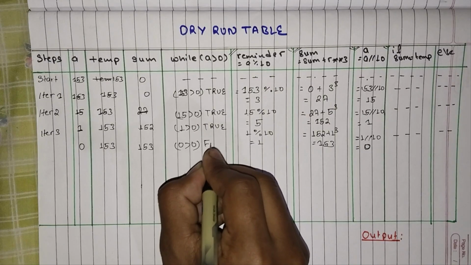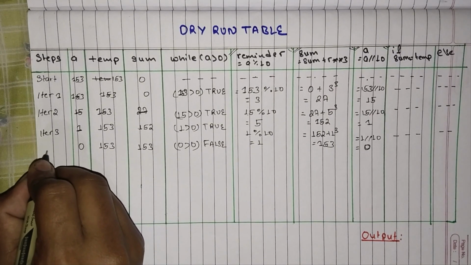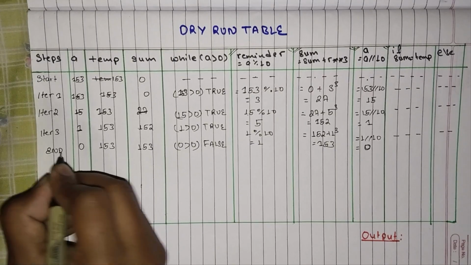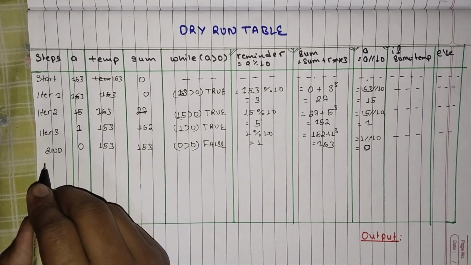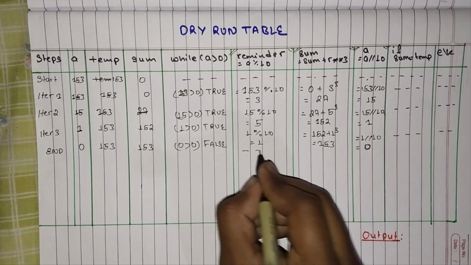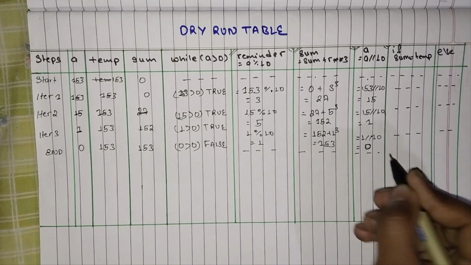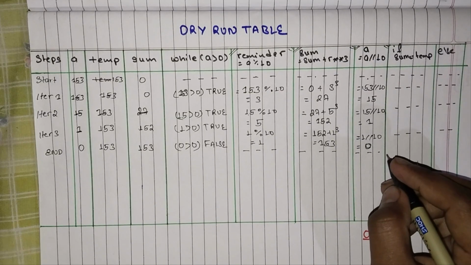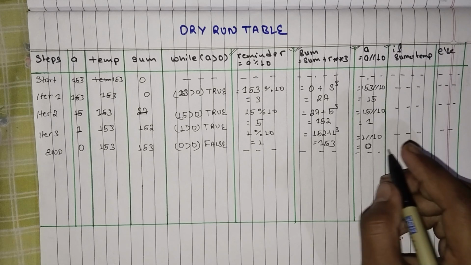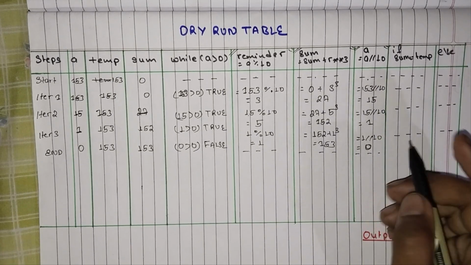False, right? And now you can say end, as the iteration got ended. And it will be dash dash dash, again dash dash dash. Okay, and if you come over here, the iteration already got over, right? We are exiting the while loop.